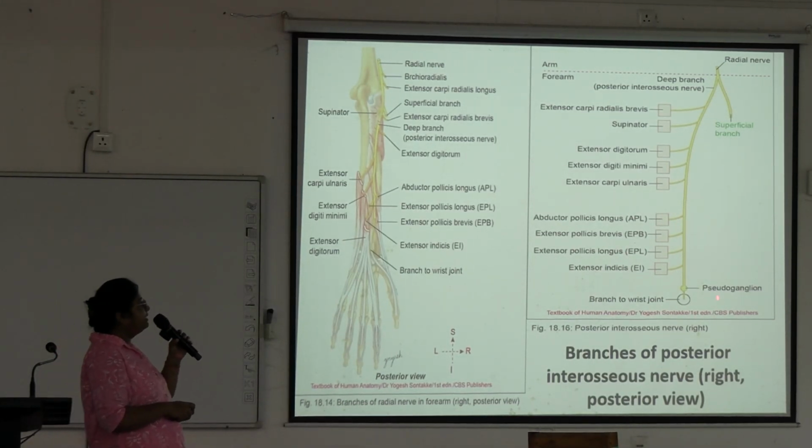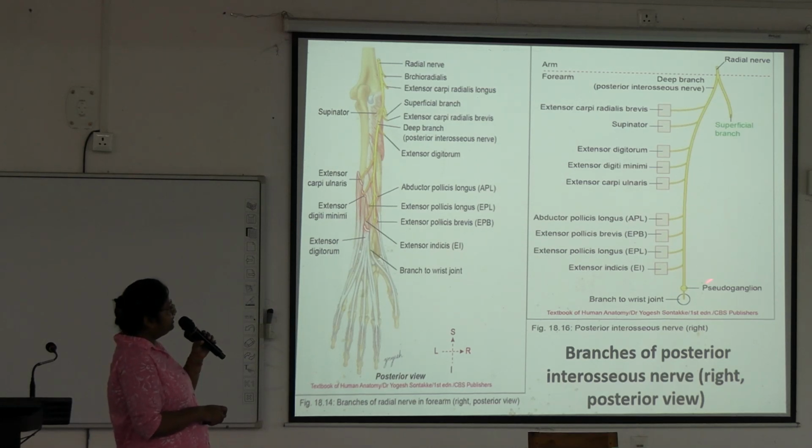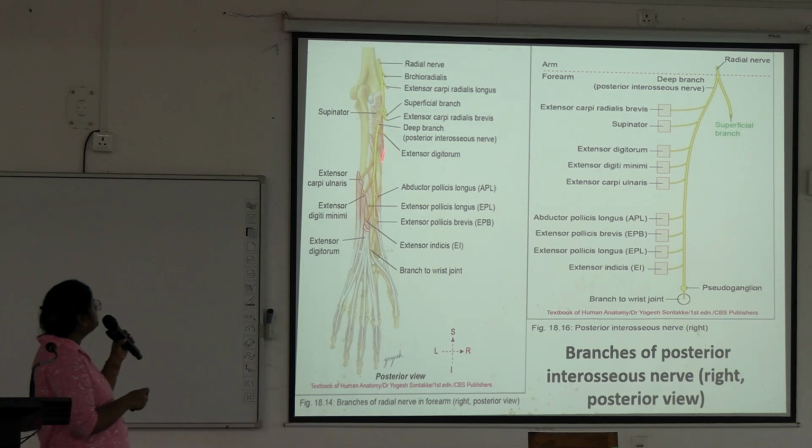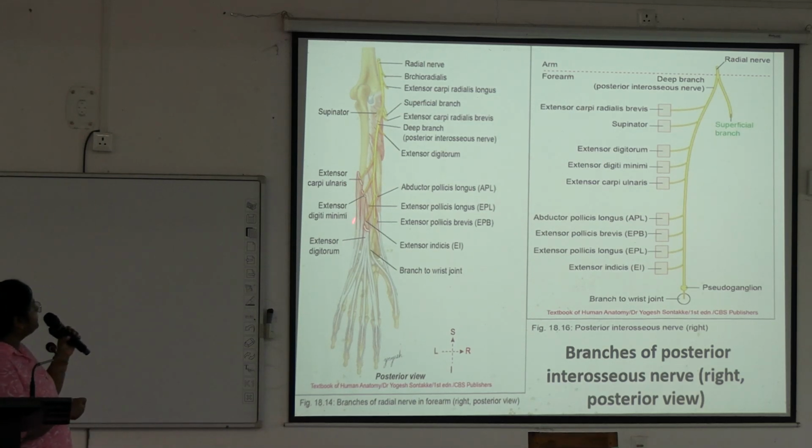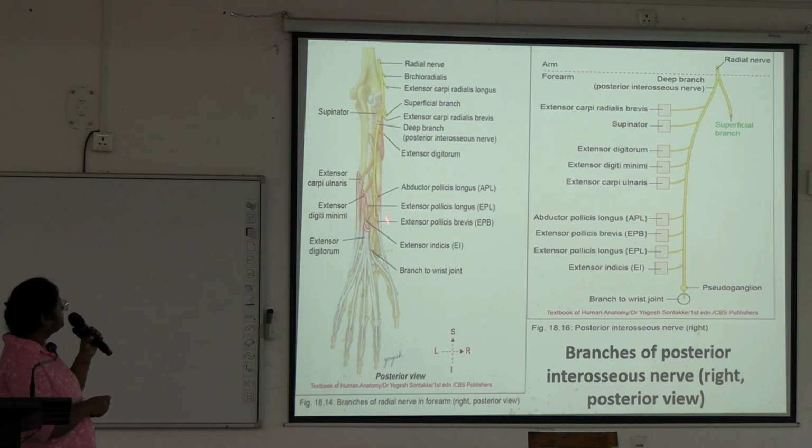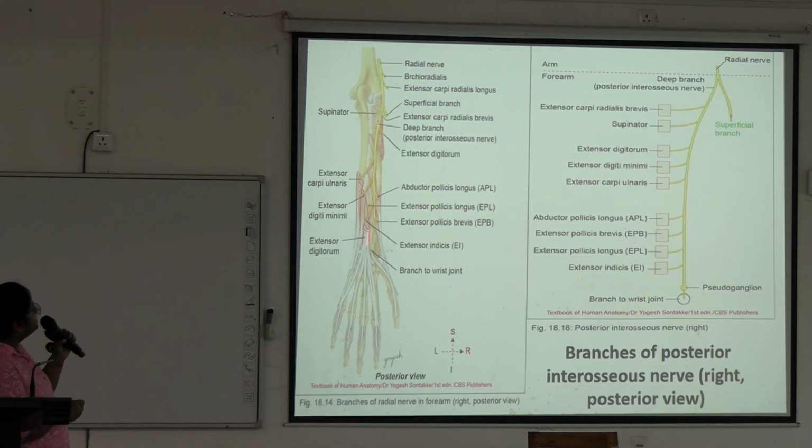After that there is a pseudoganglion, and after the pseudoganglion it gives a branch to the wrist joint. Here you can see the branches supplying the extensor carpi ulnaris, extensor digiti minimi, extensor digitorum, indicis, abductor pollicis longus, extensor pollicis longus, extensor pollicis brevis, and here is the branch to the wrist joint.